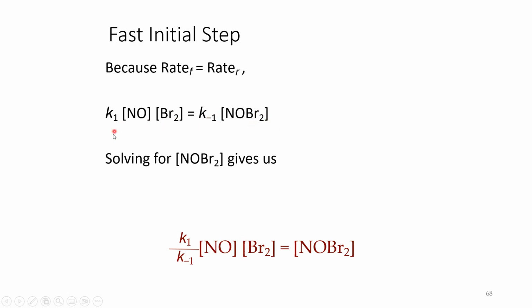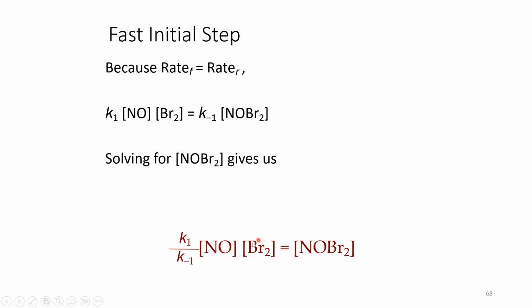K1 refers to the rate of the forward reaction, K-1 to the rate of the reverse. And if we solve for the concentration of that intermediate, just dividing by K-1 from both sides, we get the equation at the bottom here.